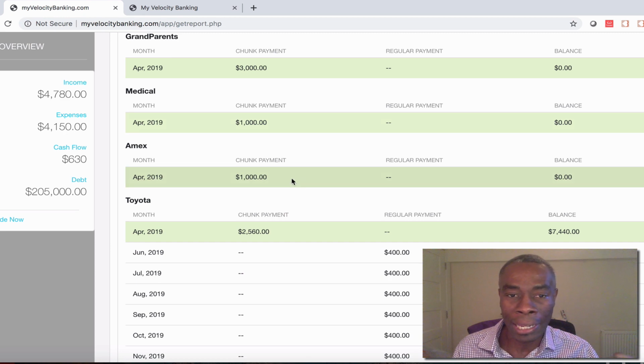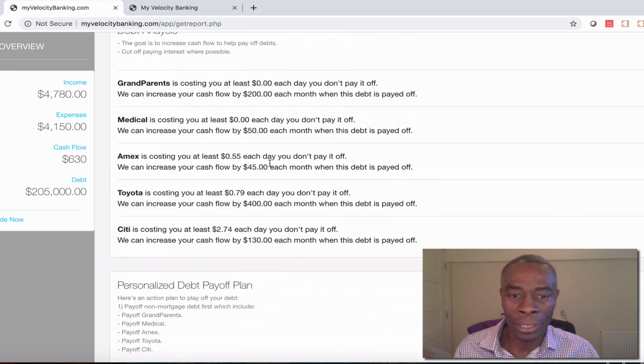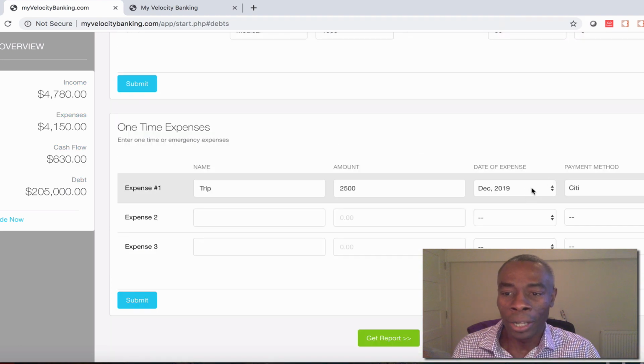So here it's saying because I didn't use my Amex in this example, my cash flow would automatically increase by 40. It tells you which card is best to use in case of emergencies, and you can plan ahead from when an emergency happens or when this one-time expense kicks in.